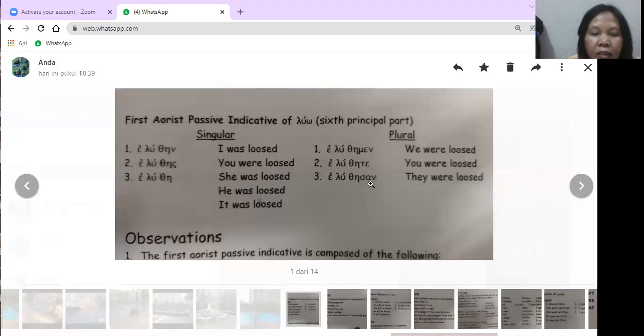In English, we translate it as "was loosed." Subject plus was or were loosed.